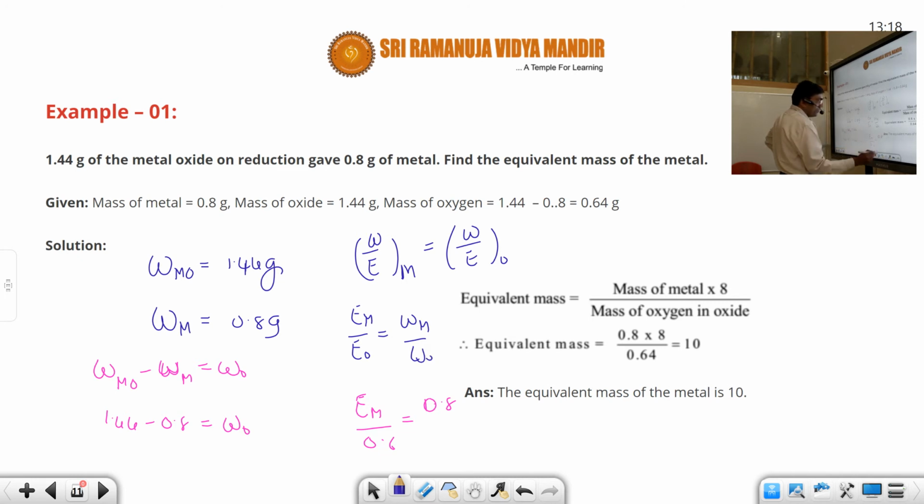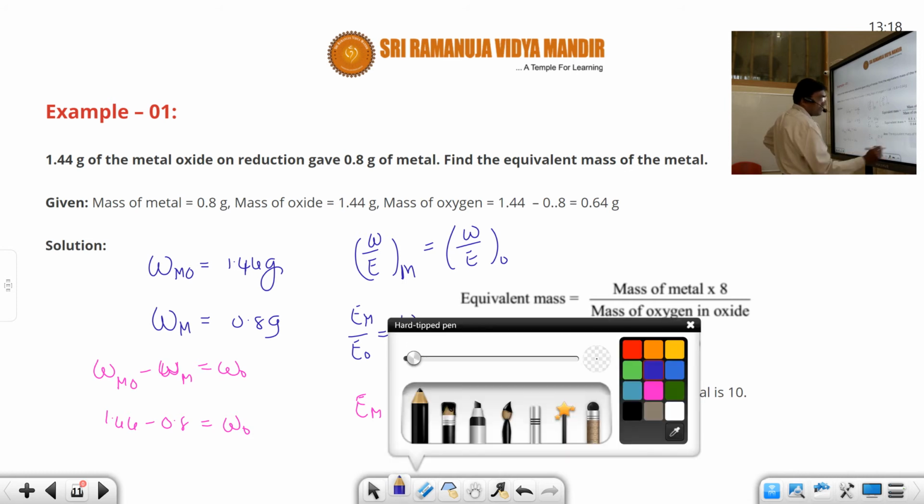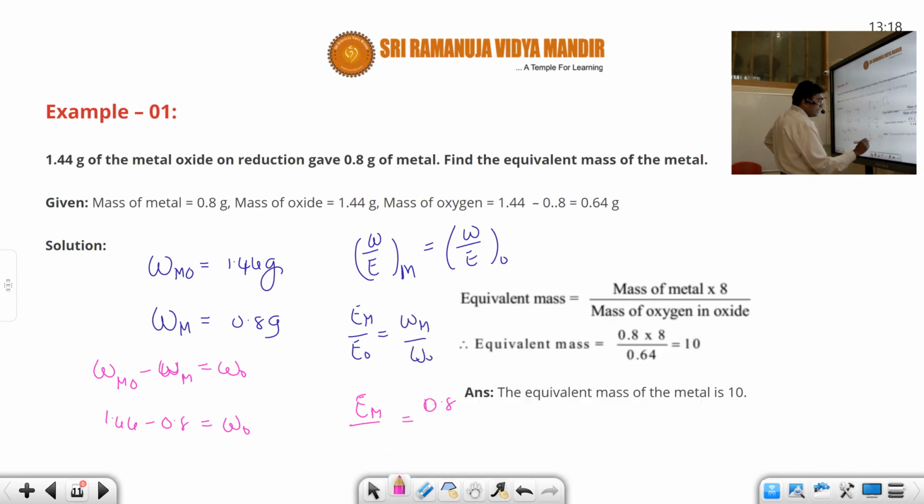Now here, equivalent weight of metal by equivalent weight of oxygen is 8, so into weight of the metal is 0.8. Here 0.8 you can see. Weight of oxygen is how much? 0.6. So this is 0.6, and you get answer 10. So I hope you are very clear.